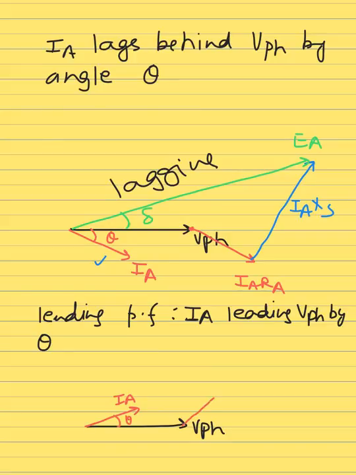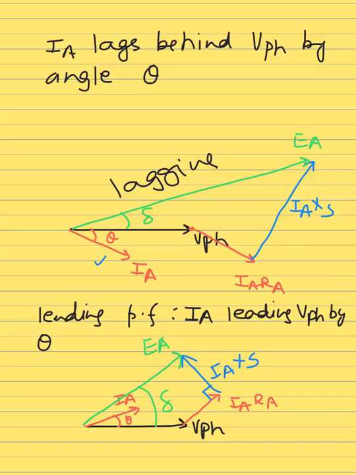So I_A R_A will be in phase with I_A, and I_A X_S will be at 90 degrees to that, and the resultant is again E_A, and this is angle delta again.